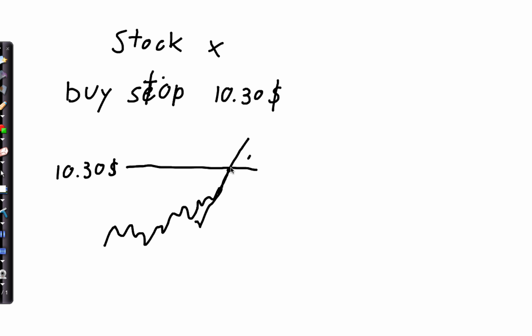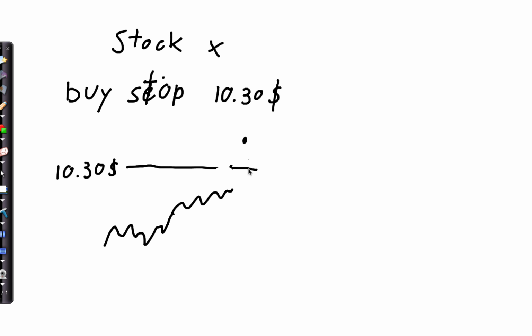And here what happens is that the price is touching this level, but the order will be triggered even if the price is not actually touching. So suppose that you have a situation where the price is going here and then suddenly there is a gap because of some news and the price is very quickly moving here.